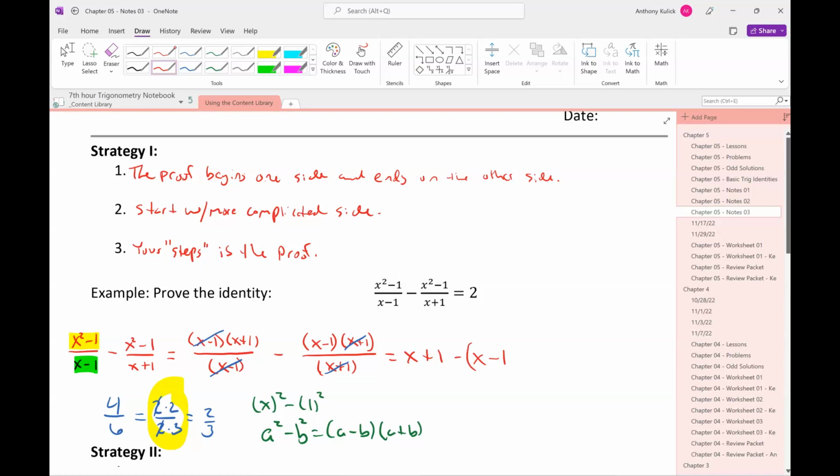Well, I really only need it around the x minus 1. Why do I need it there but not at the front of the x plus 1? That negative sign needs to distribute. Is there a negative sign in front of the x plus 1? No. There's nothing to distribute. I don't really need to have the parenthesis there. If you put them there, it's not incorrect.